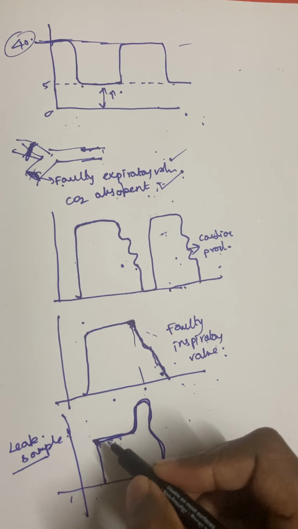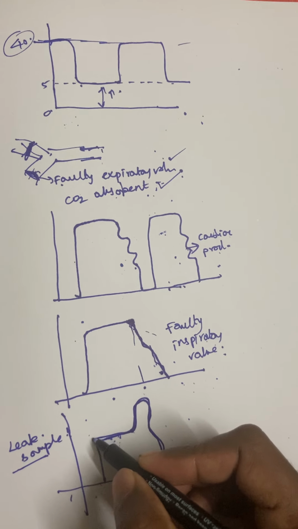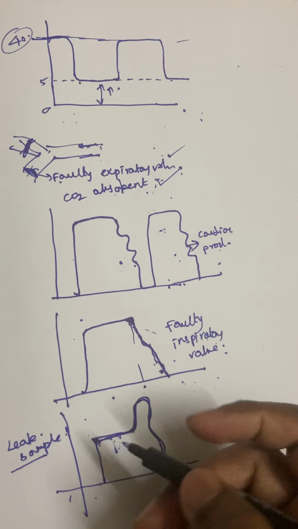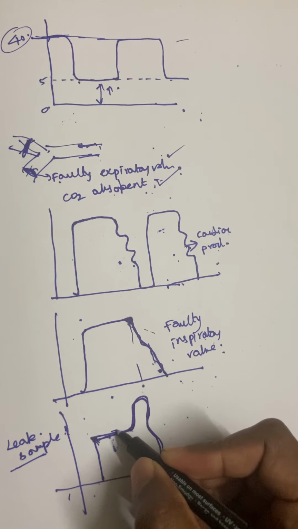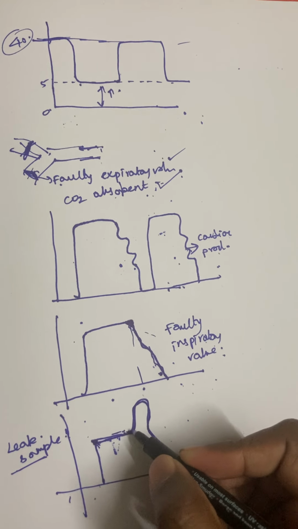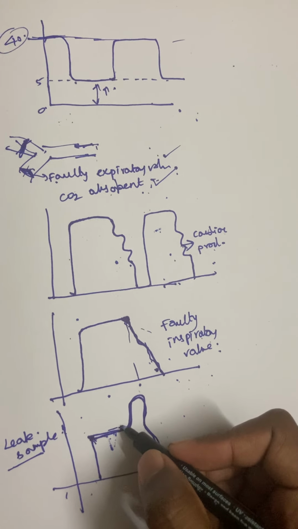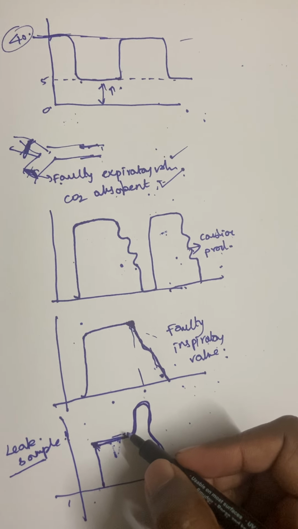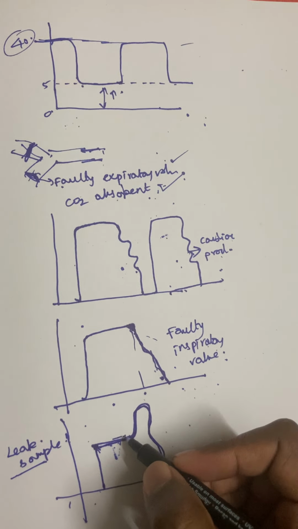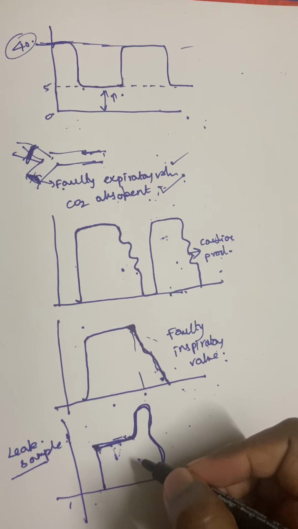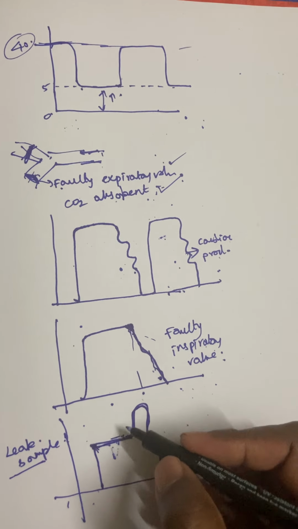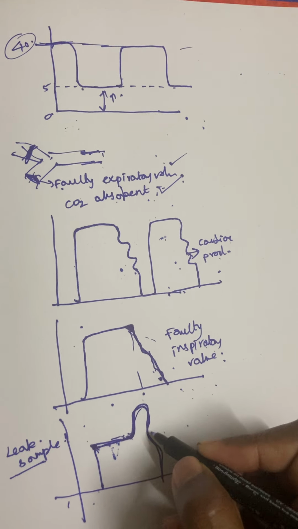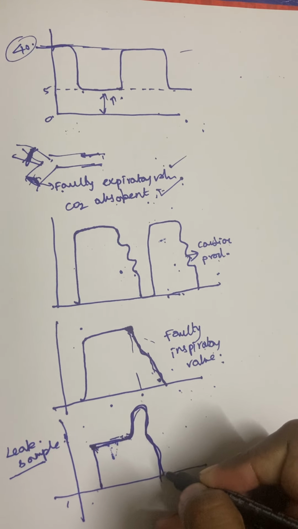Why? Because of the communication with the ambient air, some of the CO2 will escape, so the concentration will be less. But at the end of phase 3, the next inspiration is going to start, and because of the increased inspiratory airway pressures, the carbon dioxide is recirculated back again and causes a peak at the end of phase 3 before coming to the normal inspiration.